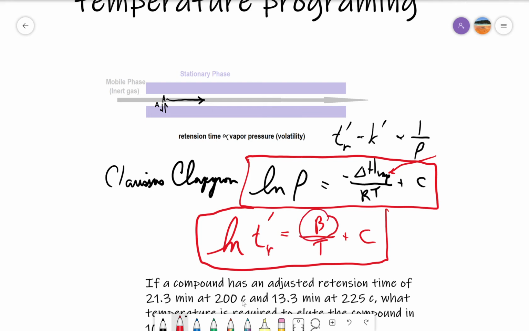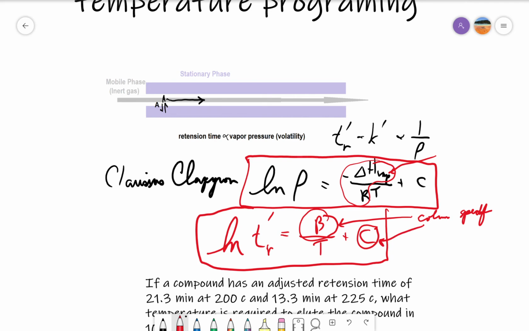Now, this constant is going to lump together the delta H of vaporization of that compound, the ideal gas constant, the length of the column, the flow rate. This is going to be a column-specific constant, as is this.